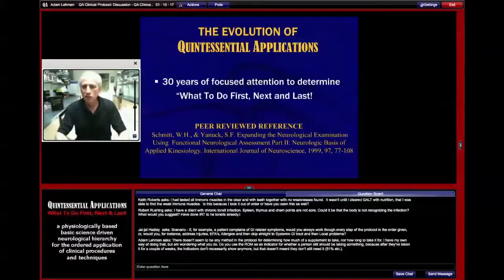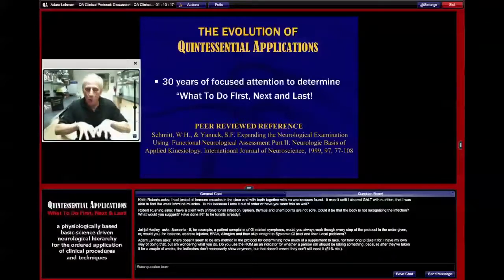The evolution of quintessential applications has really occurred over more than a 30-year time of focused attention by Dr. Schmidt to determine what to do first, next, and last, both by clinical trial as well as by observation of the basic sciences of biochemistry and neurology.